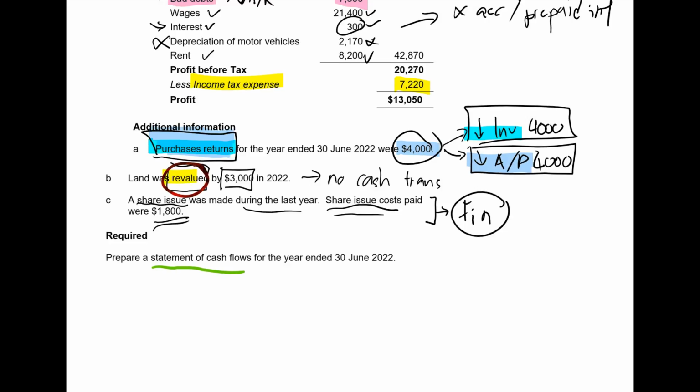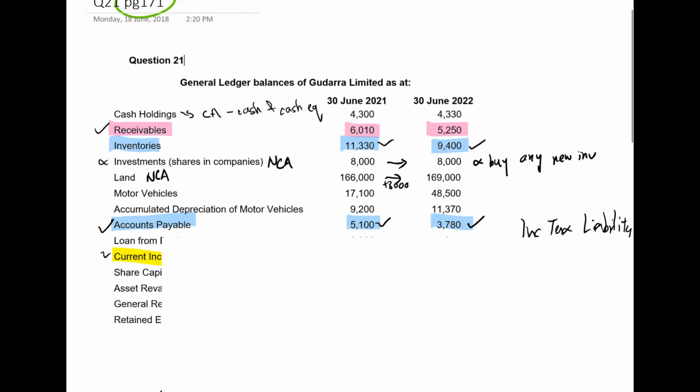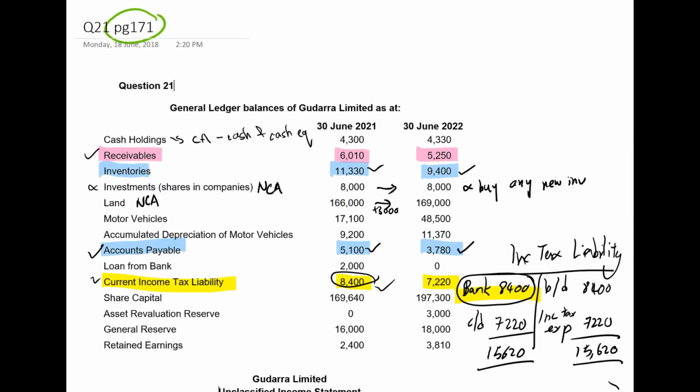Your land has been revalued by 3,000. So the increase of 3,000 here is because of your gain on land revaluation. There's no cash inflow or cash outflow, so we don't need to record this as well. We did not buy new land. Whenever we have a land revaluation, there's no money coming in or out.